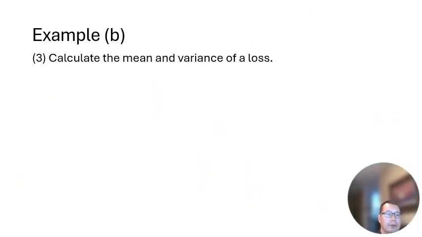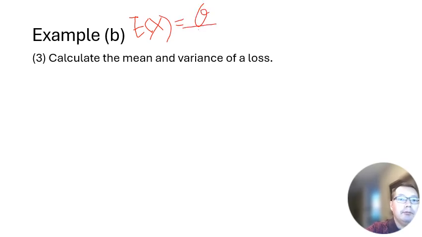The third question of this example B: calculate the mean and variance of a loss. First, we want to review the expected value for a Pareto distribution, which is Ex equals theta over alpha minus 1, where alpha is greater than 1.